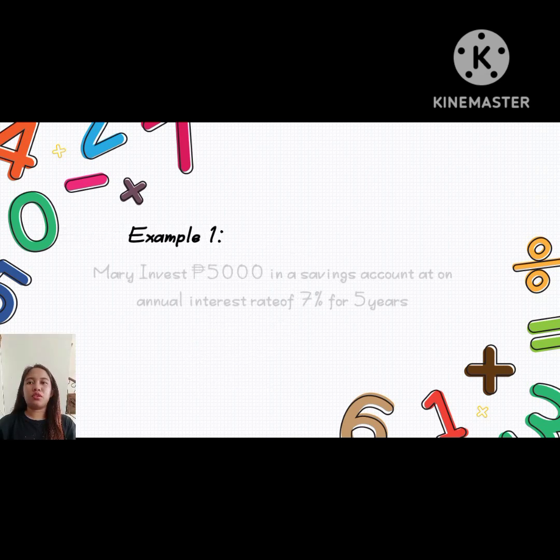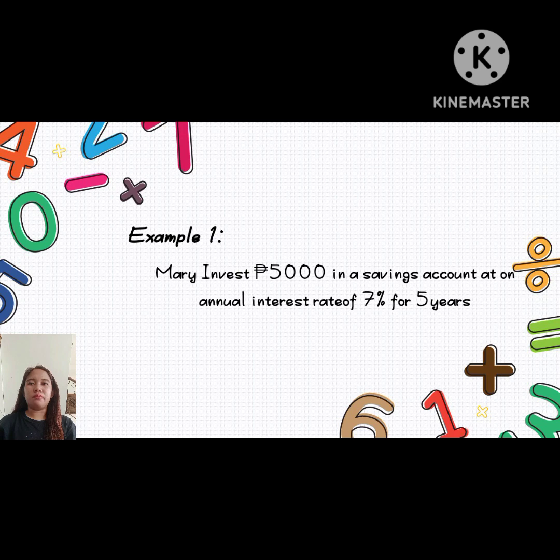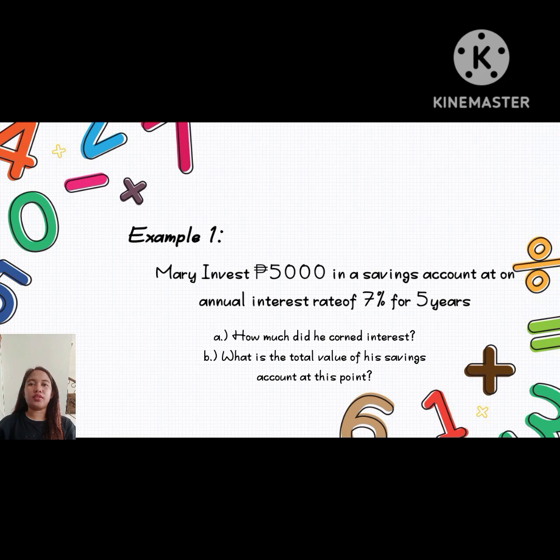For example, Mary invests 5,000 pesos in a savings account at an annual interest rate of 7% for 5 years. A. How much interest did she earn? B. What is the total value of her savings account at this point?